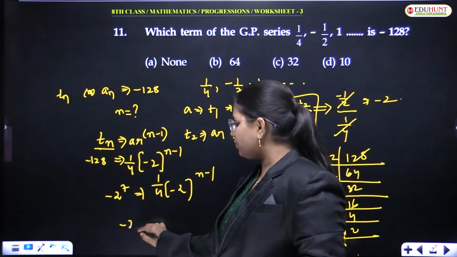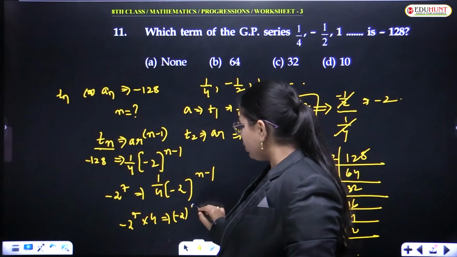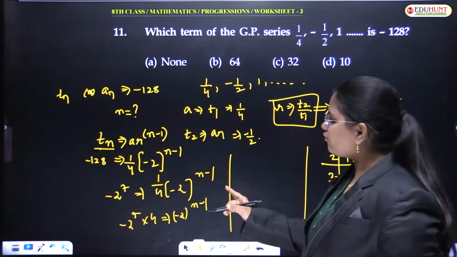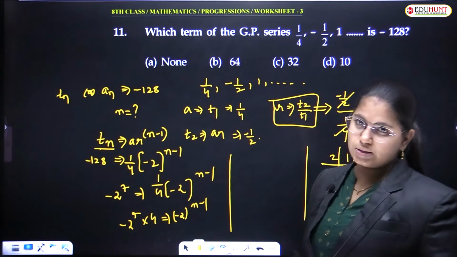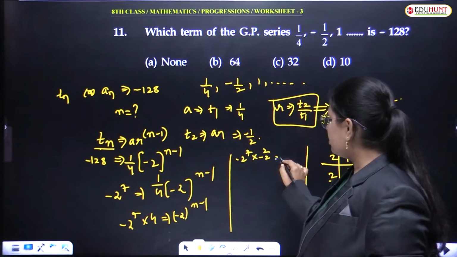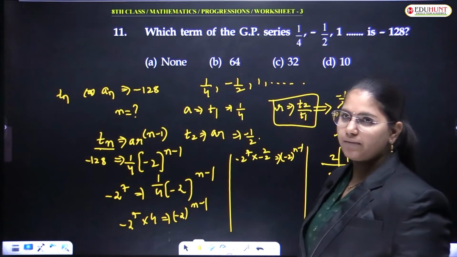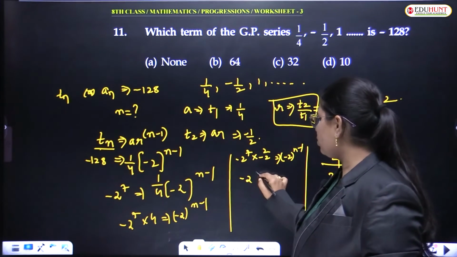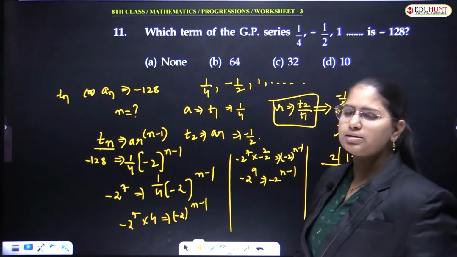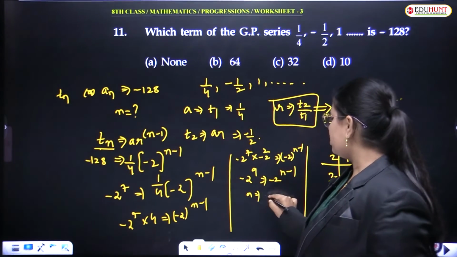Multiply: minus 2 power 7 into 4 is equal to minus 2 whole power n minus 1. 4 can also be expressed as minus 2 whole square. So minus 2 power 7 into minus 2 square is equal to minus 2 whole power n minus 1. When bases are equal, powers must be added. So minus 2 whole power 9 is equal to minus 2 whole power n minus 1. Bases are equal, so powers are also equal: 9 is equal to n minus 1.